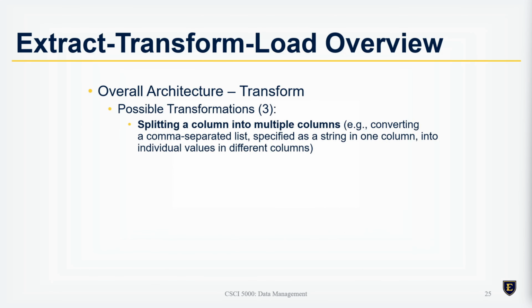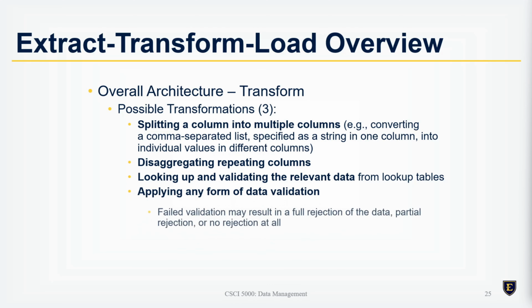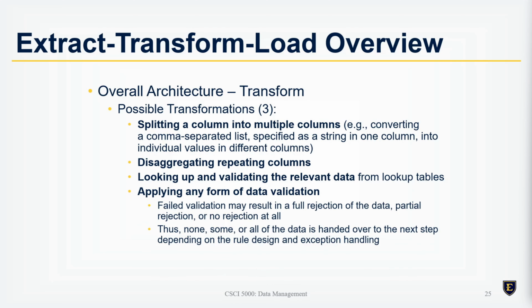Other transformations include splitting a column into multiple columns. Maybe there is a comma-separated list in a field, and you don't really want that in a data warehouse, so you would split that into multiple columns. You might also disaggregate repeating columns, looking up and validating relevant data from lookup tables to ensure that you have the correct format for a particular set of data, and applying any type of data validation.